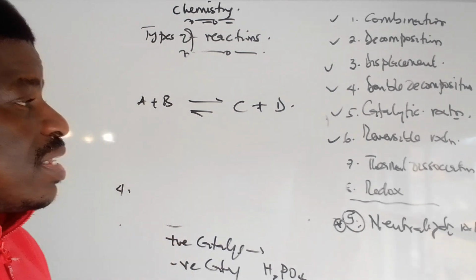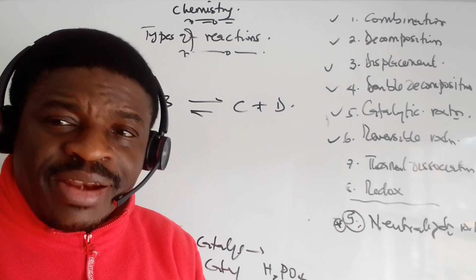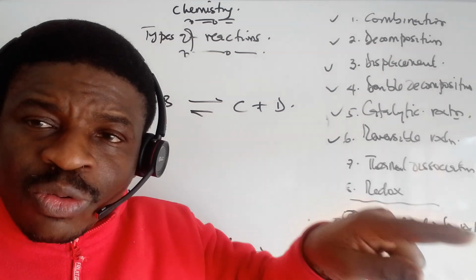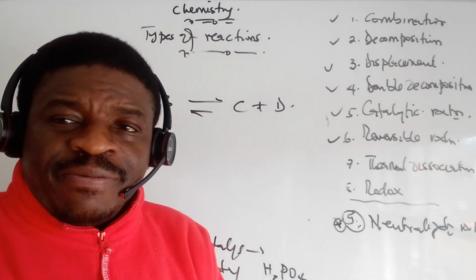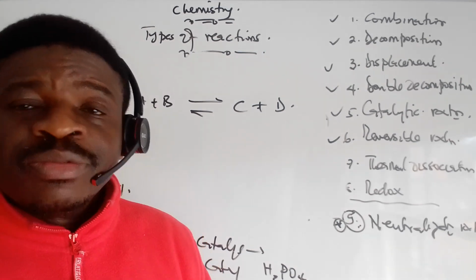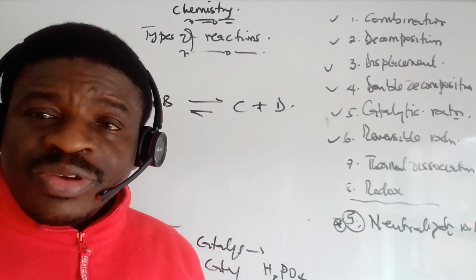Now, I want you to understand something about reversible reactions. Most reactions are really reversible to some extent, but depending on the state of it. If it is in a closed system, it is a reversible reaction. But if it's not in a closed system, one of the substances is evaporated or lost into the environment.